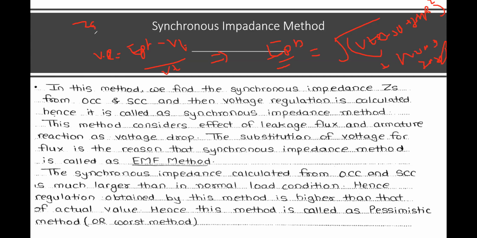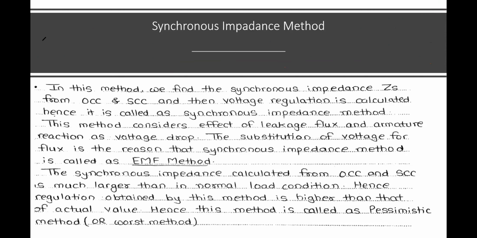Now, after calculation of ZS, I can calculate XS. How? Because I know the formula of ZS, that is ZS is equal to under root RA square plus XS square. If I want to calculate XS, first of all we calculate ZS. Armature resistance is given.